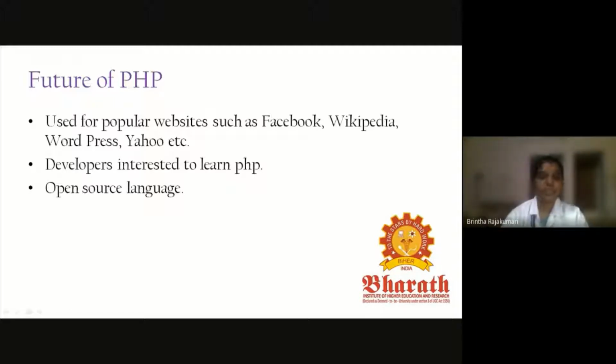It's an open source language, which enables web developers to use it very easily. This feature has also helped PHP gain so much popularity. It's a very important scripting language. Most users use version 7, and nowadays 8 is available.